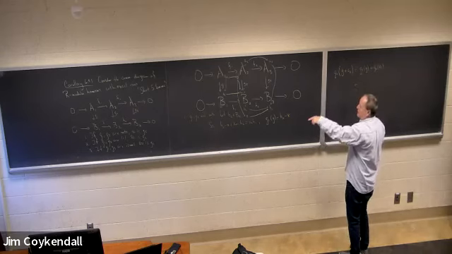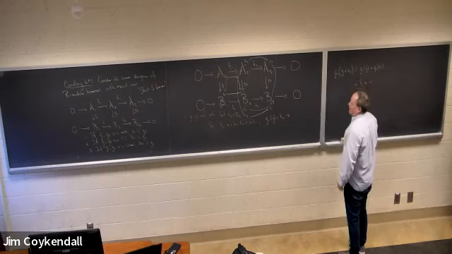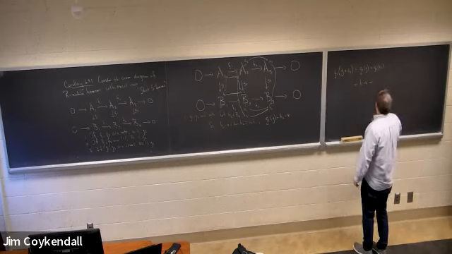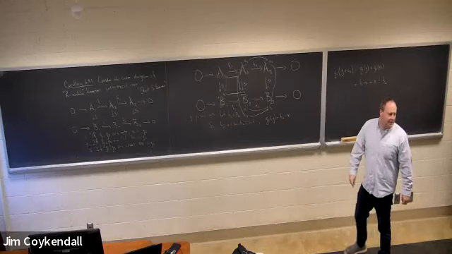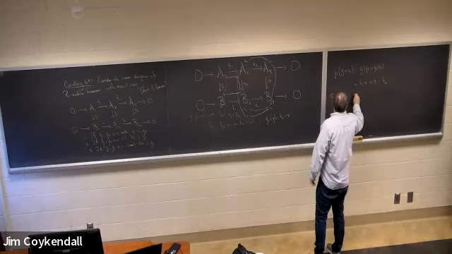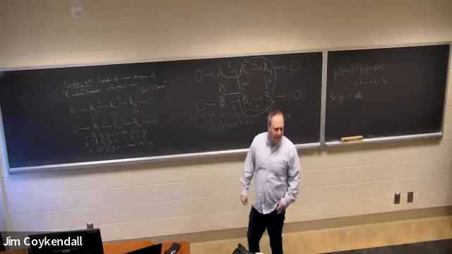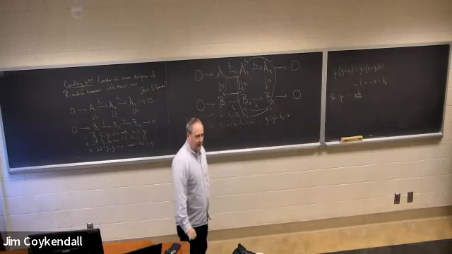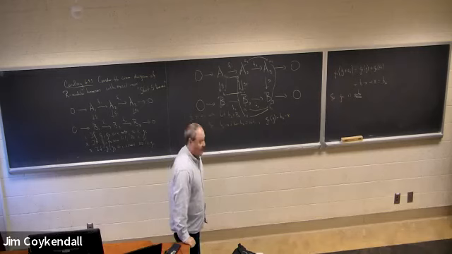And G2 of Y is B2 minus X. And G2 of A2 is X. How about that? So G2 is onto. Everybody follow that? Yes. Okay. Everybody okay with that?